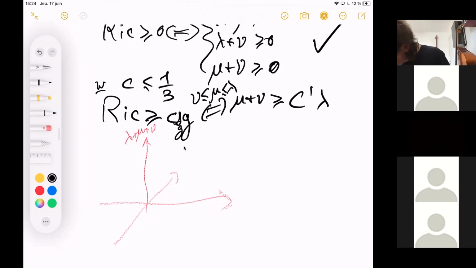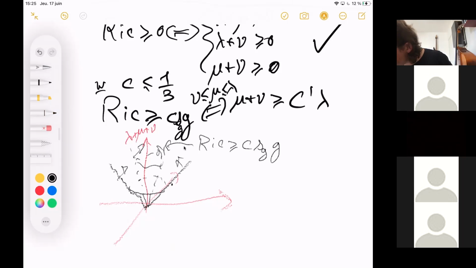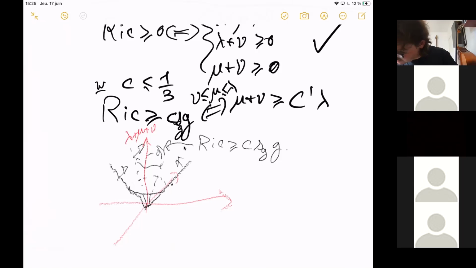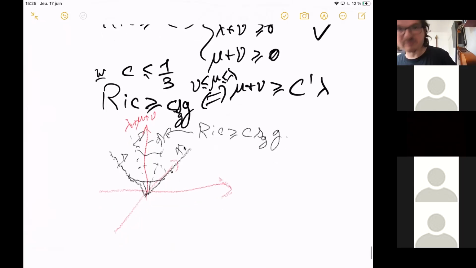What we show here is that we have some kind of cones, and actually a one parameter family of cones which gets closer and closer to the axis, and my vector field q is pointing inwards. So this would be like Ricci greater than C S g times g, which is a convex cone inside this lambda mu nu space, and corresponds to something convex in the matrices too. Okay, but this is still not enough.